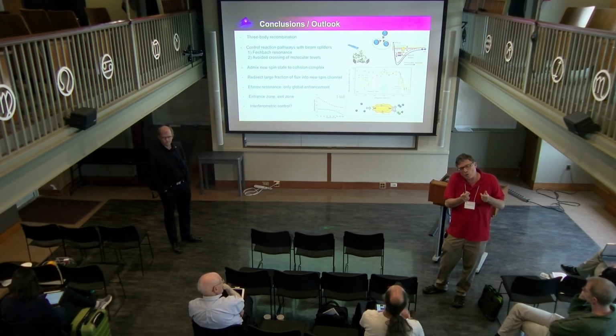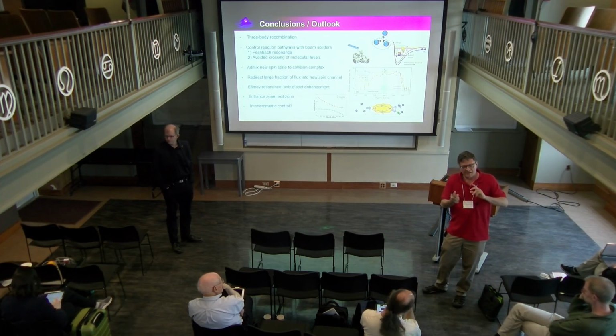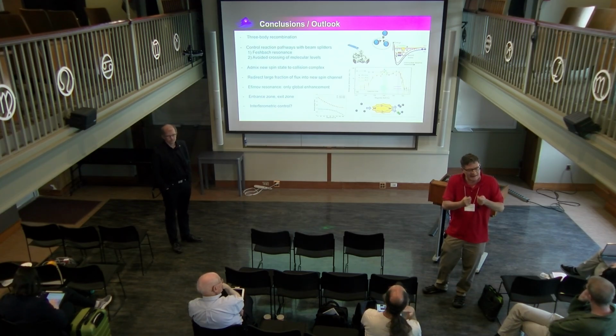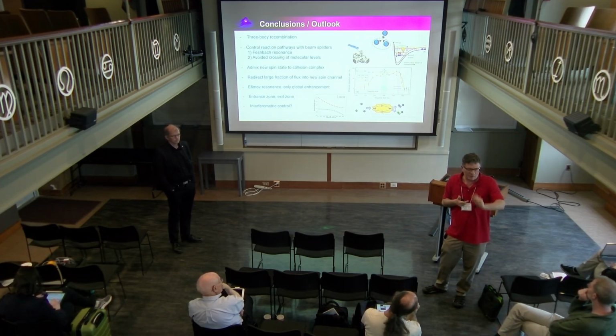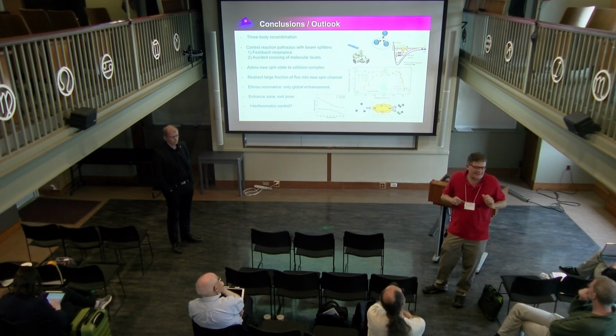So the focus is not so much producing molecules in a particular state, because there are ways, but it's really understanding the three-body recombination and working with that. Although it's perhaps not the most elegant way of producing a particular quantum state, it's fundamental research in that sense.